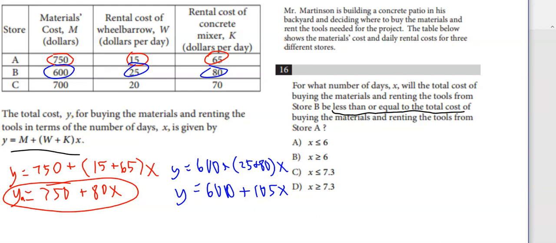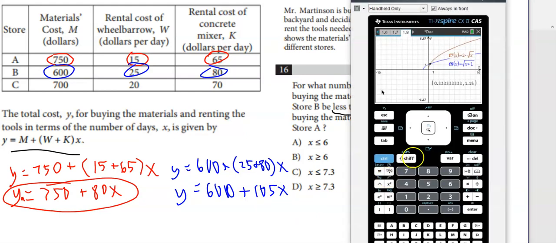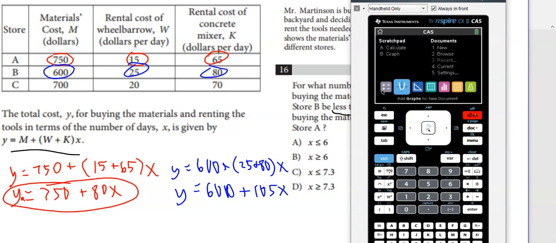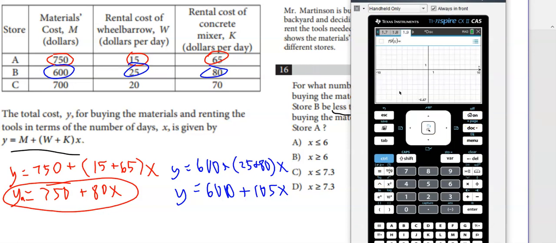I'd like to see what the graph looks like here. So let's just graph it. This kind of goes along with our lesson today, actually. So 750 plus 80X. Wow, I even got that one in red. It's tie-in right there. This one is 600 plus 105X. This is blue. It's a good day.